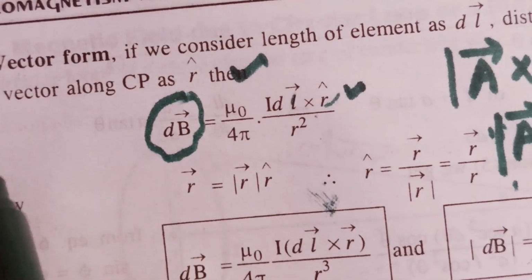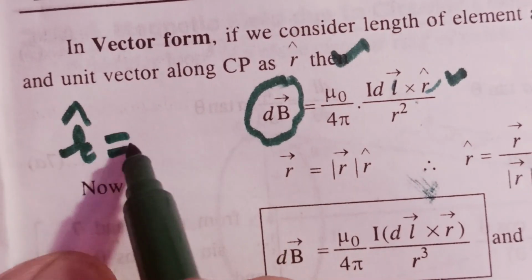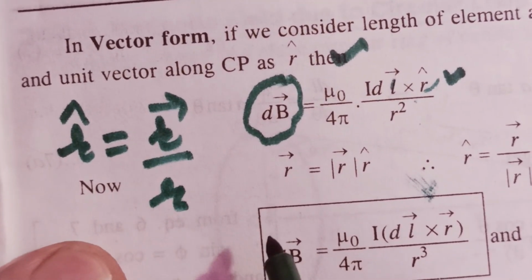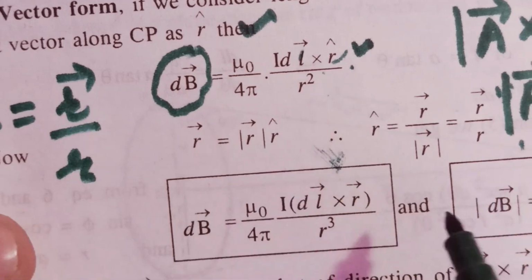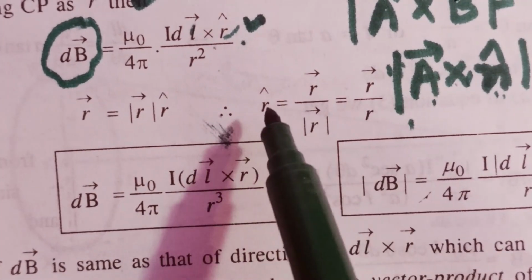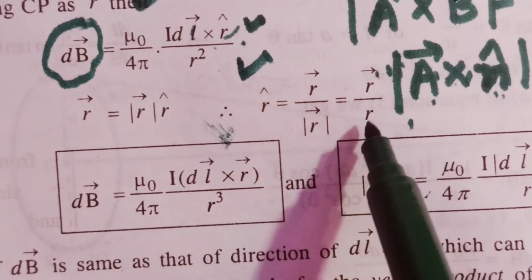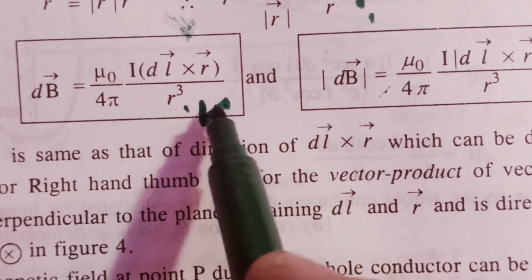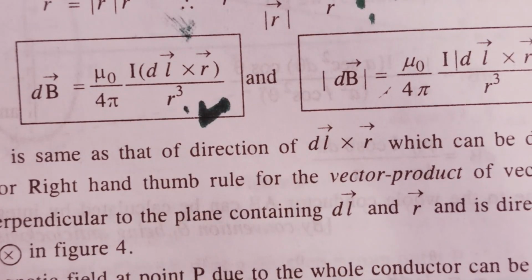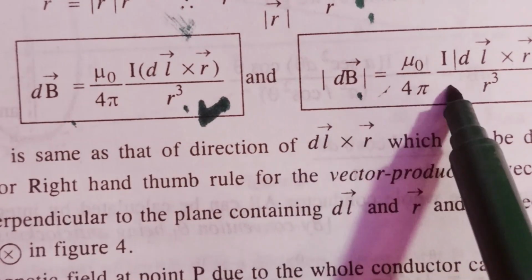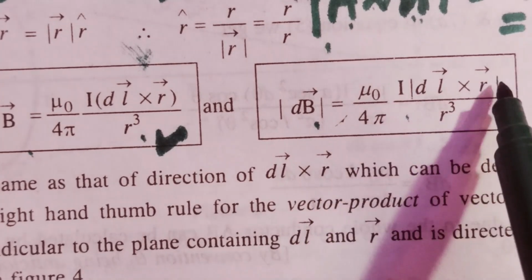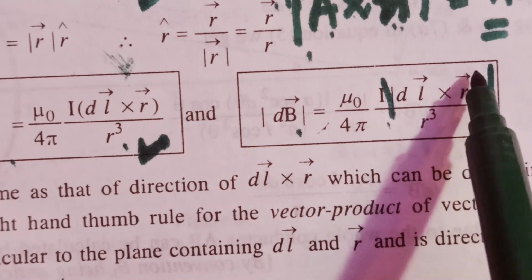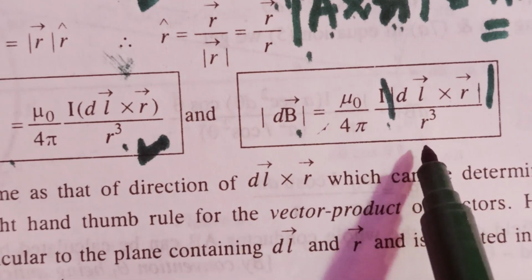Now unit vector can be written as r vector upon magnitude, so this r cap is replaced by r vector upon r. So the formula becomes, in the denominator, r cube. In magnitude form you take the magnitude of this. Here it is a vector and it is r cube.